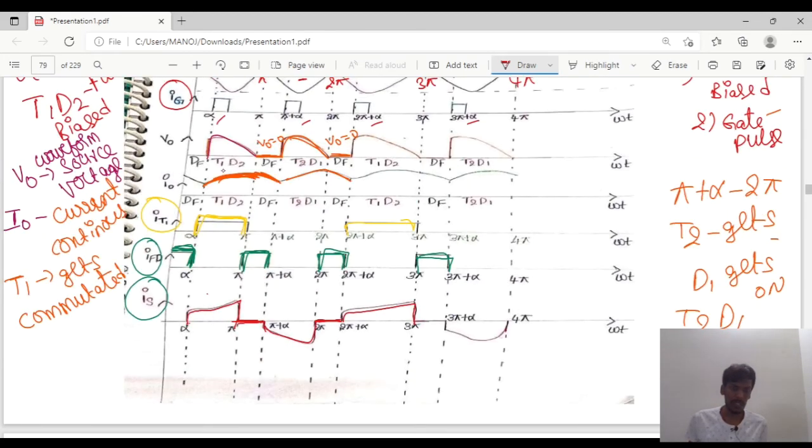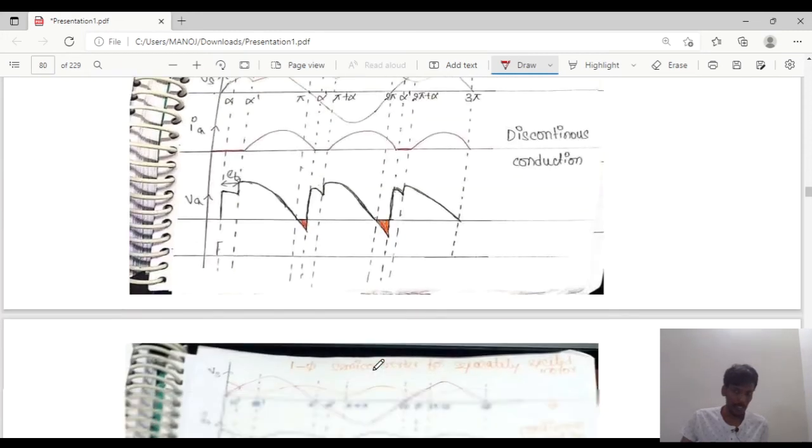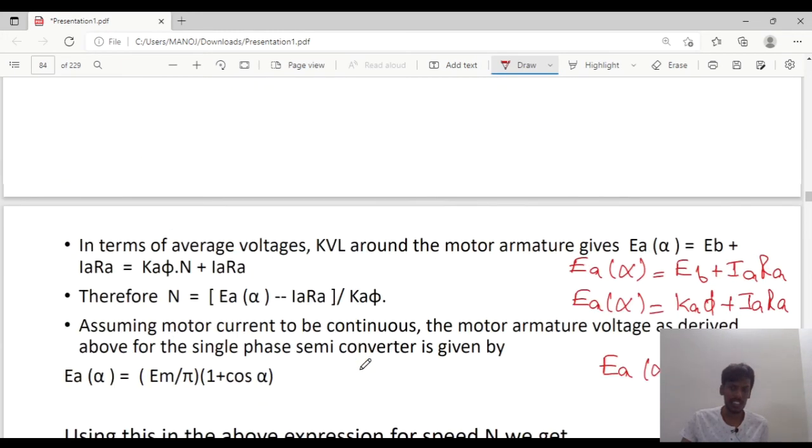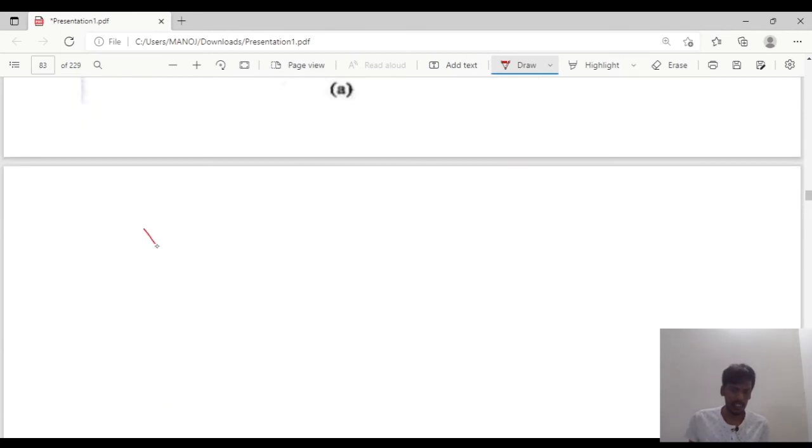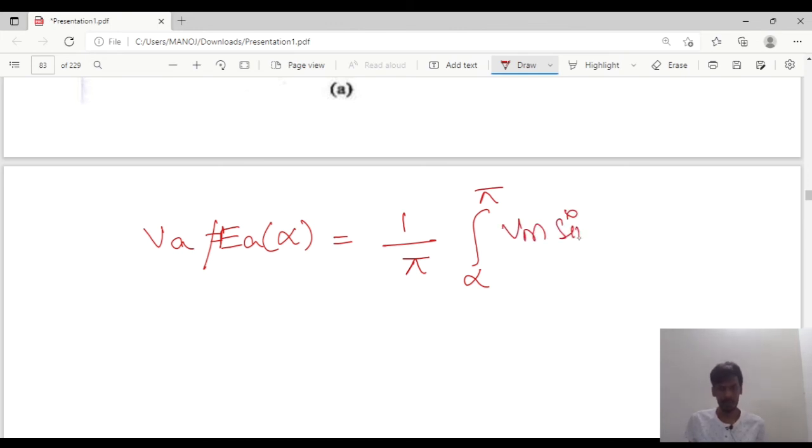If you see from the cycle, the thyristor will conduct from alpha to pi, no? So we will represent the average voltage also from alpha to pi. I can write the voltage VA, or I can also represent EA at an angle alpha, as 1 by pi, since the cycle is pi, integral from alpha to pi of Vm sin omega t d omega t.